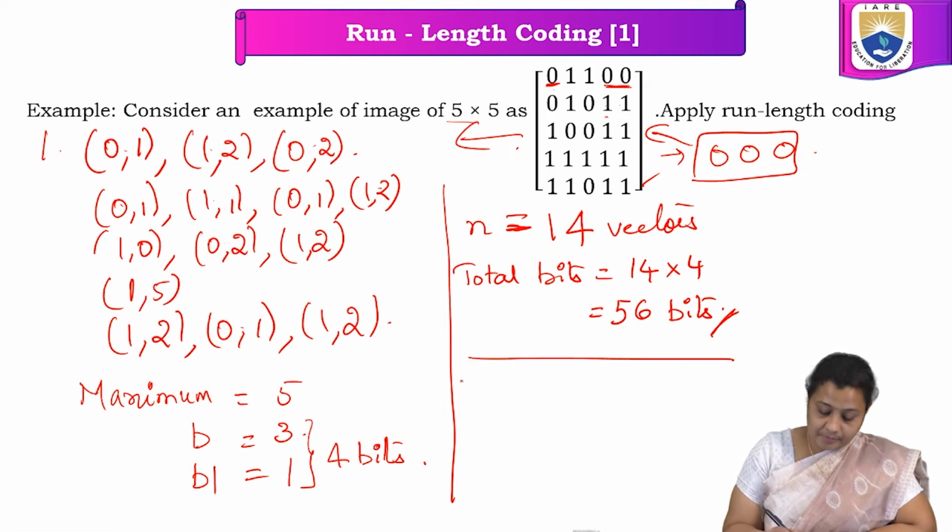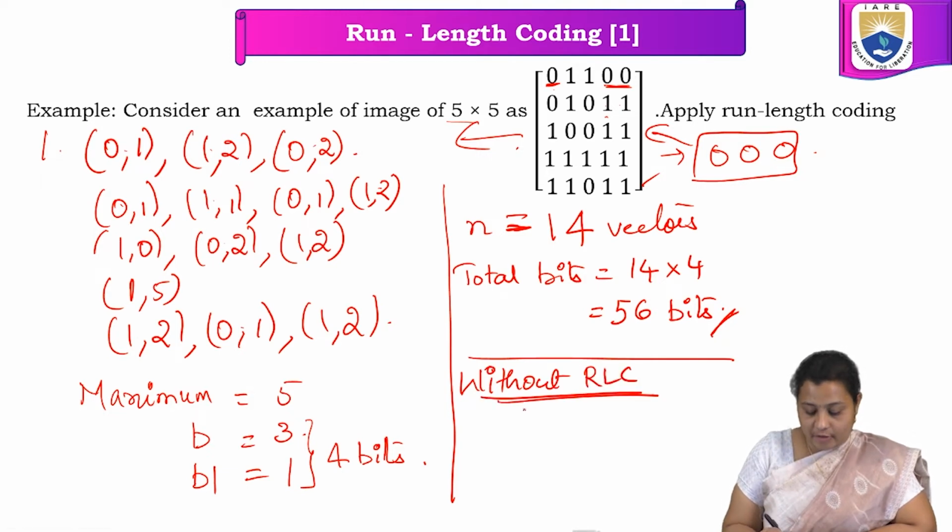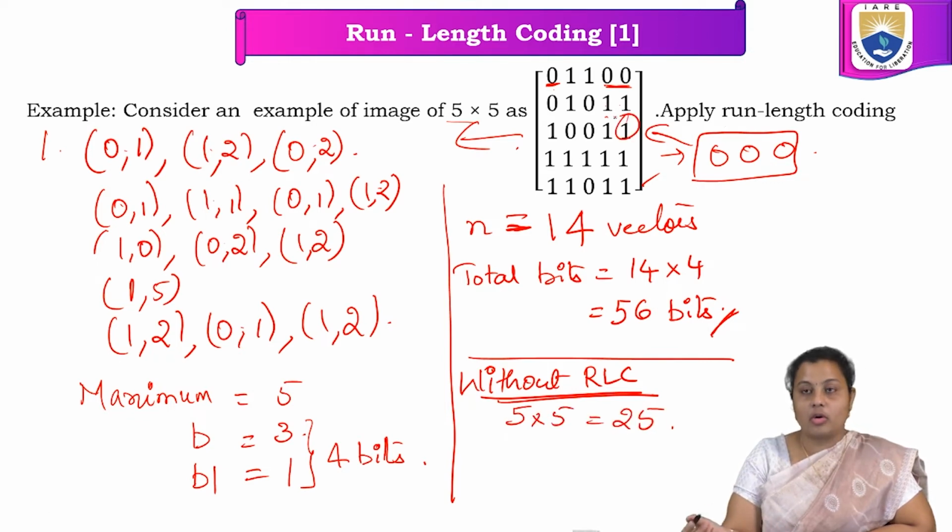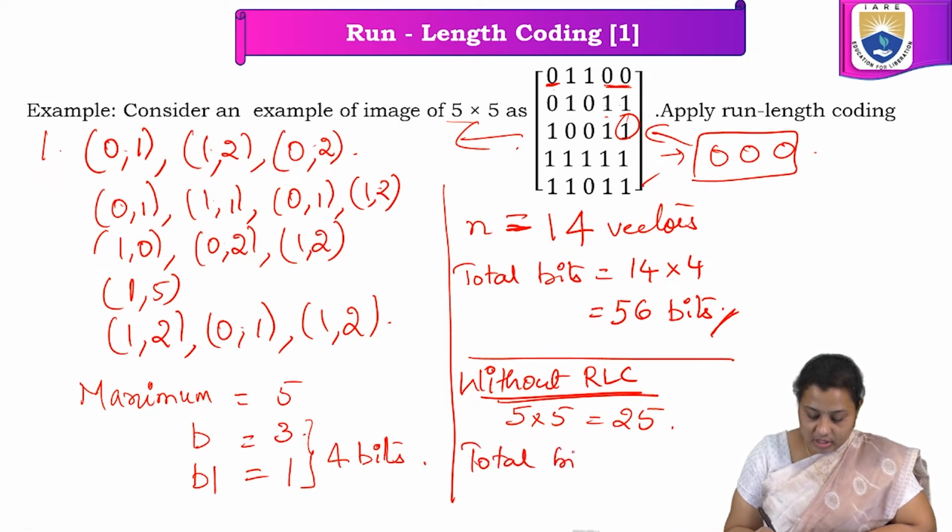Without RLC, I have 5 cross 5, which is equal to 25 pixels. Each pixel value is either 0 or 1. So the total bits that I require without RLC is 25 into 1, which is equal to 25 bits.